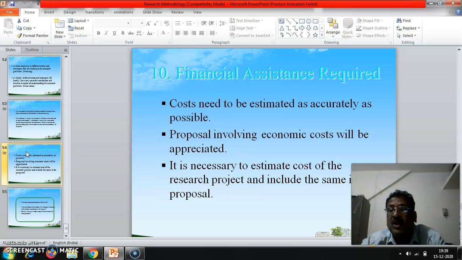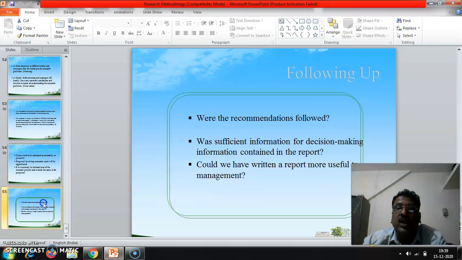Then experts are used for preparing the project work in the form of graphs, multiple bar diagrams, pie diagrams or any other statistical tools used for the study. It will give decorum to the particular project. So this is why it is necessary to estimate the cost of the research and include the same in the proposal.